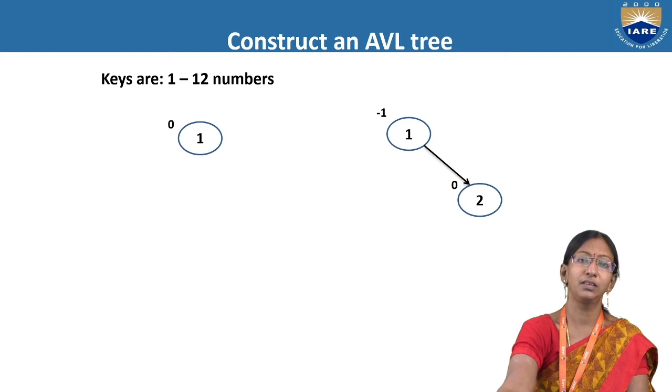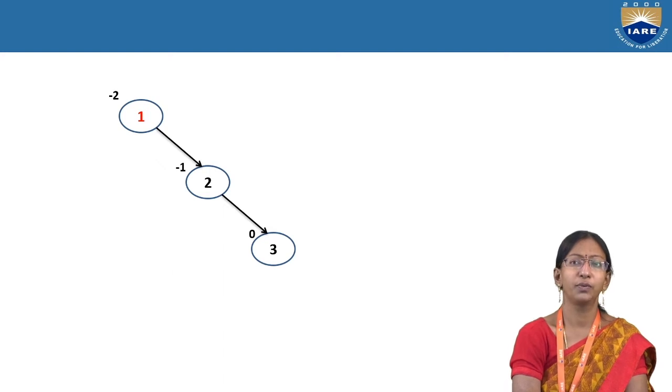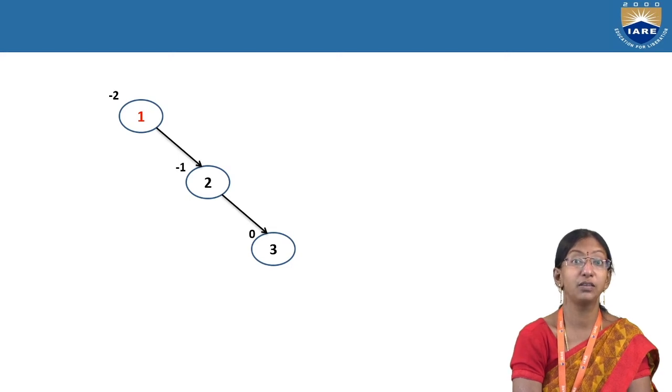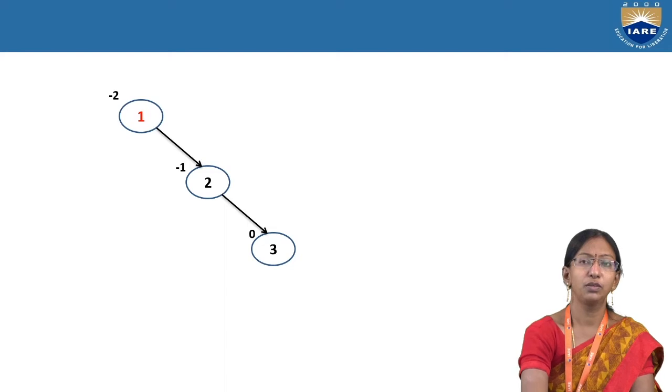Now insert 3. As 3 is greater than 1 and 2, it will settle as the right child of 2. So the balance factor of 3 is okay as it is a leaf node, it will be 0. 2 is -1 and 1 is -2. I have pinpointed 1 as red. It is the node which got violated. Guys, have a look at this one.